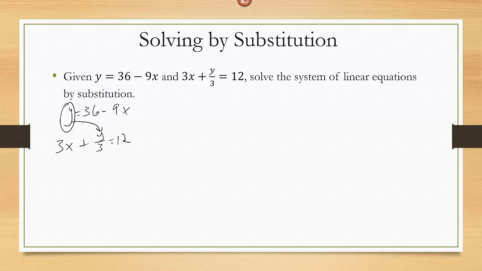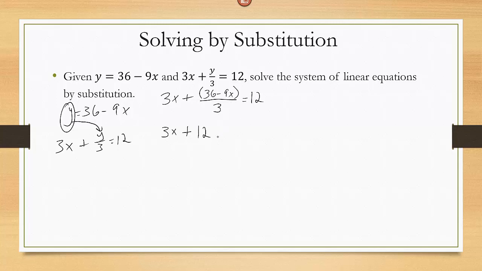So we're going to have 3x plus (36 minus 9x) divided by 3 equals 12. So then let's bring everything down. So 3x plus 36 divided by 3, that is 12.